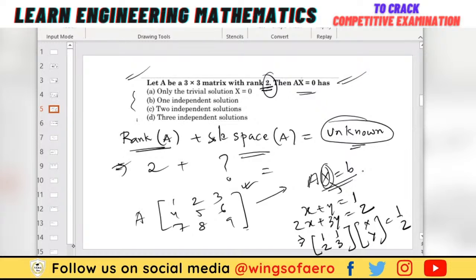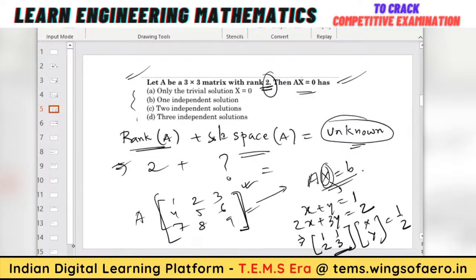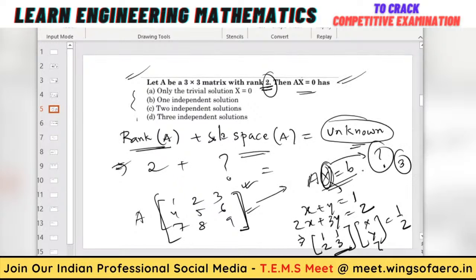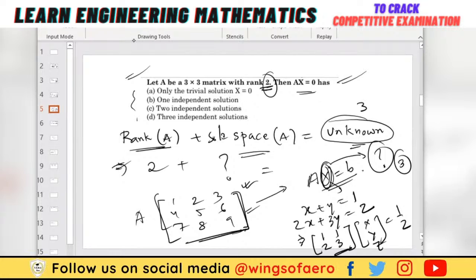Similarly, this is a 2 cross 2 matrix. For a 3 cross 3 matrix, how many elements does the x vector have? Obviously 3 elements: x, y, z. So for a 3 cross 3 matrix, the number of unknowns is 3. Now simply solve this and you can find the solution space.